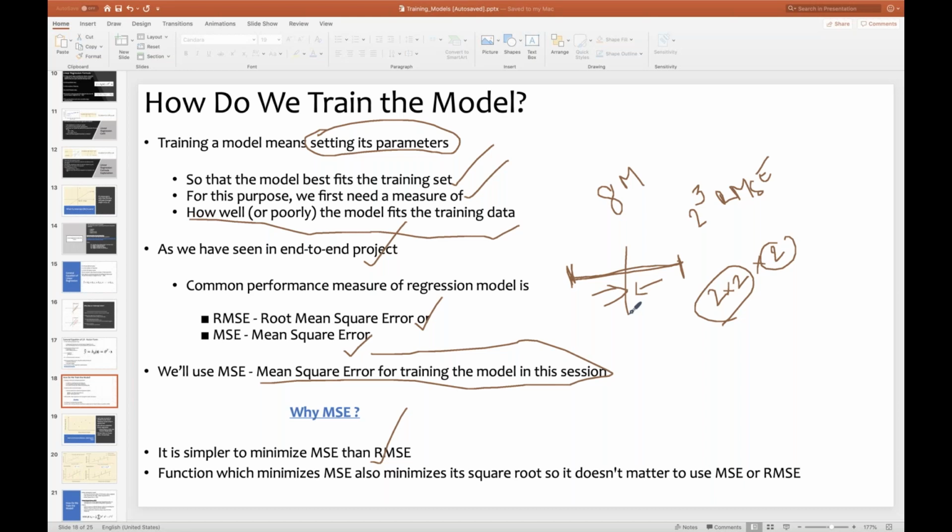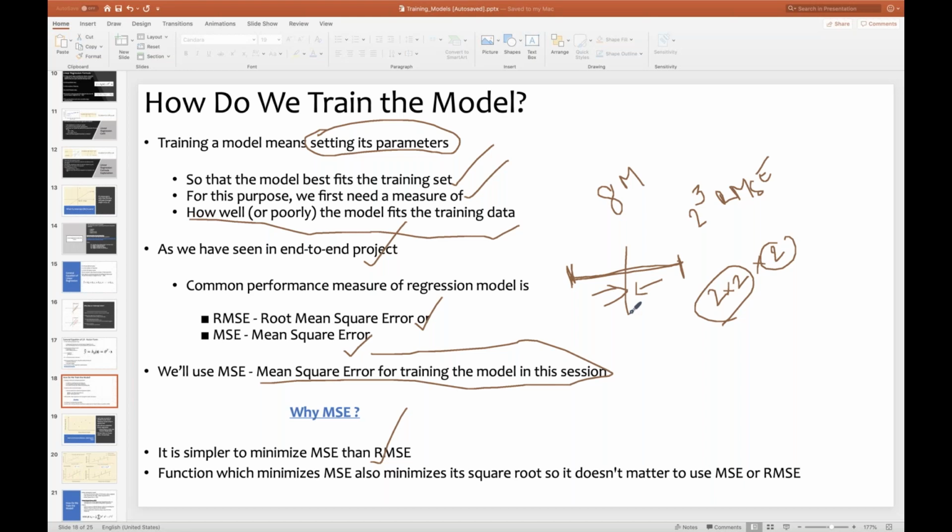Okay, so simply, as a machine learning engineer, what I want you to understand and remember is whenever you train a model, you need to fit the best parameters. To do that, you need to understand if the model is doing good or bad with the given parameters. To understand if it is doing good or bad, you need to understand the errors.